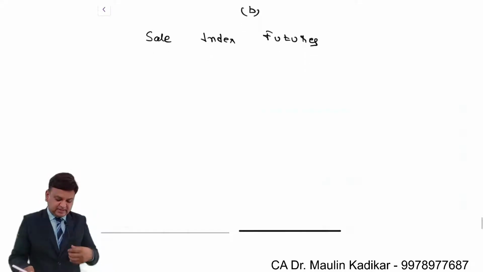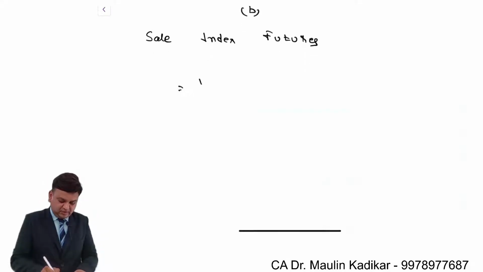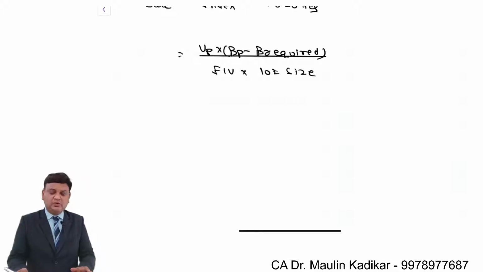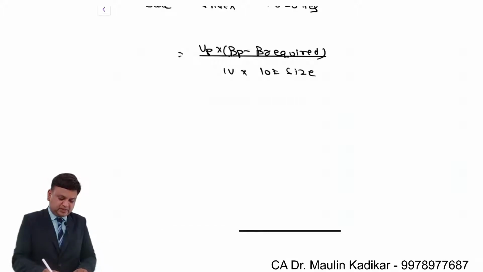We understand that value of the portfolio into beta of portfolio minus beta required, whole divided by futures index value into lot size. Unfortunately, the futures index value is not given to us, so we have to use the spot index value.